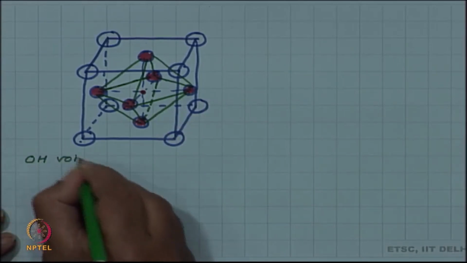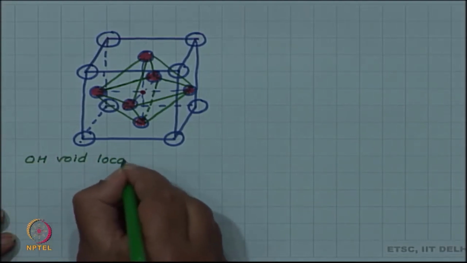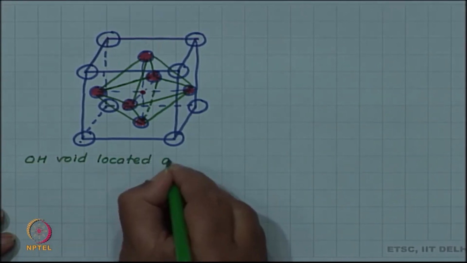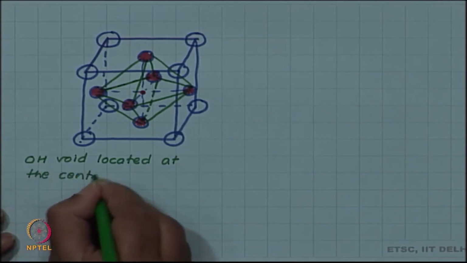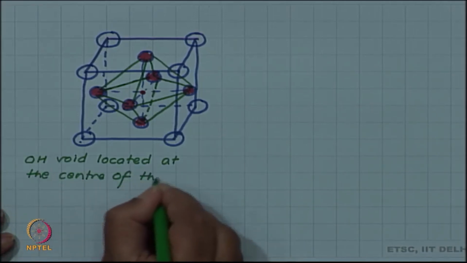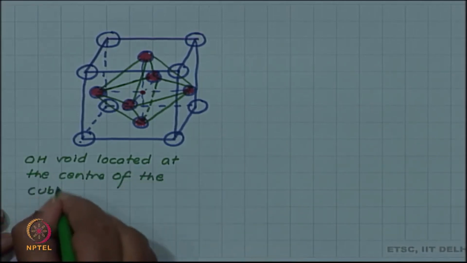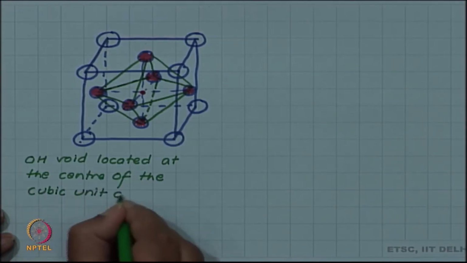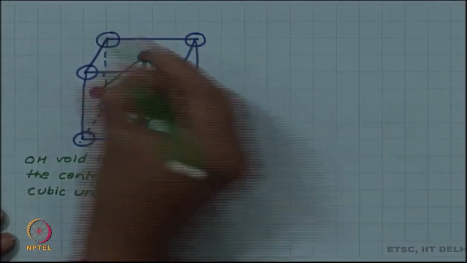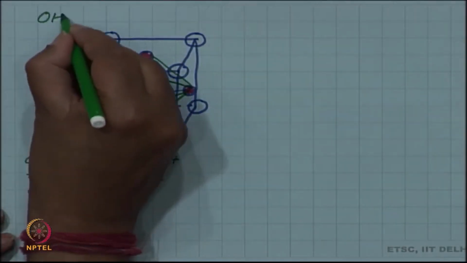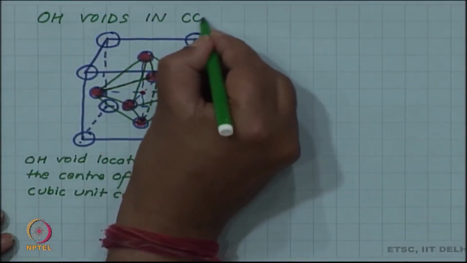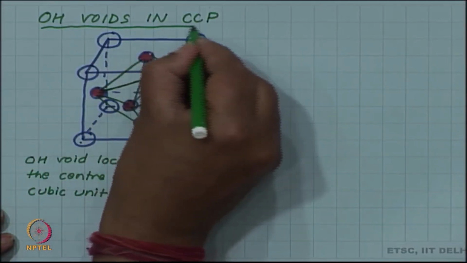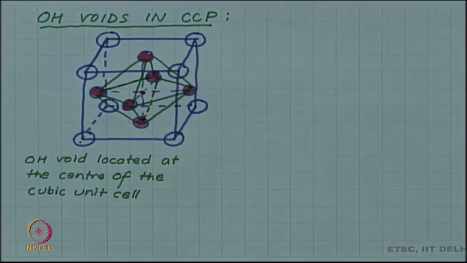So, the OH void is located at the center of the cubic unit cell. Now we are trying to work out the octahedral void in CCP.